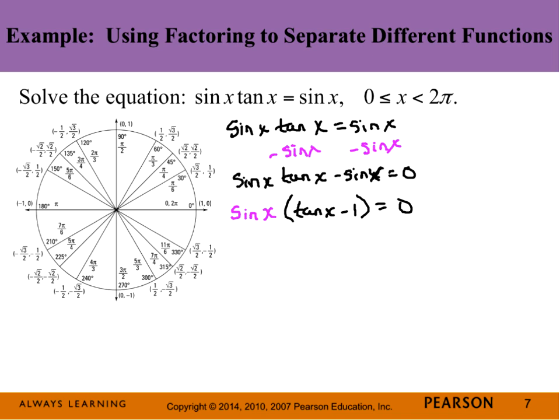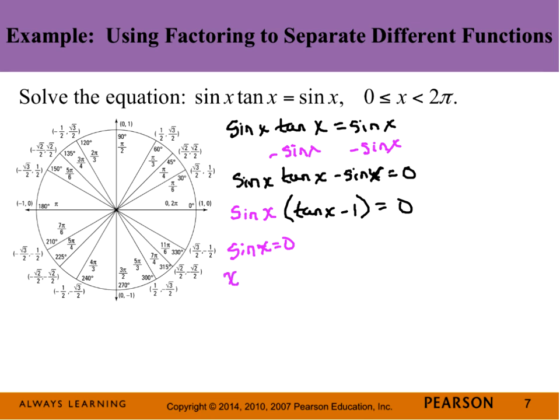So now I have my equation looking like some product equaling 0. So since I'm multiplying things together to equal 0, I could assume that I'm multiplying with 0 because that's the only way to multiply and make 0. So that's what I do. I said, well, how can either of these be 0? So the sine of x equals 0.